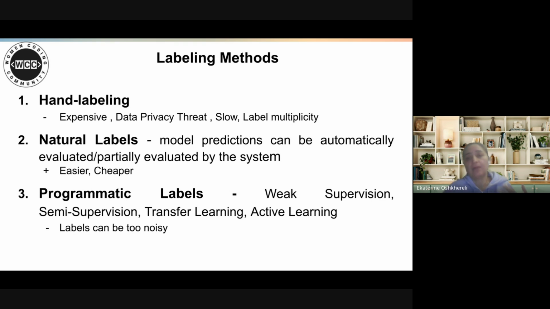Then during training, we have to find these biases, these mistakes, and the solution is to train our team members again and do this labeling again. Because of this, hand labeling could be quite expensive and quite slow.